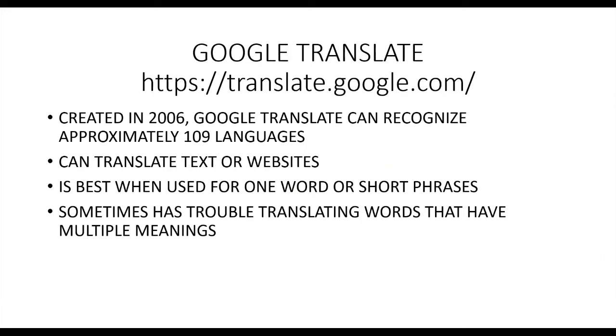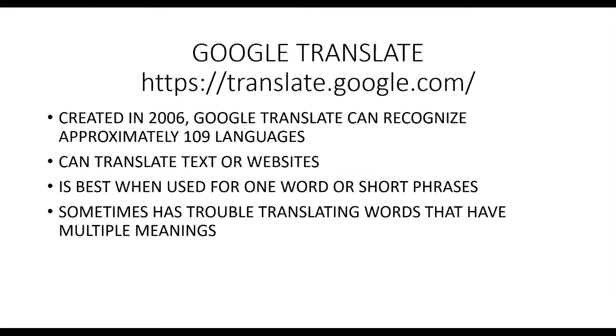Okay, the next feature we're going to talk about is Google Translate. Google Translate was started in 2006, and it can recognize and translate approximately 109 languages. It can translate text, or it can actually translate websites.